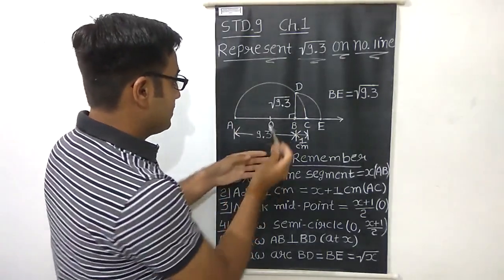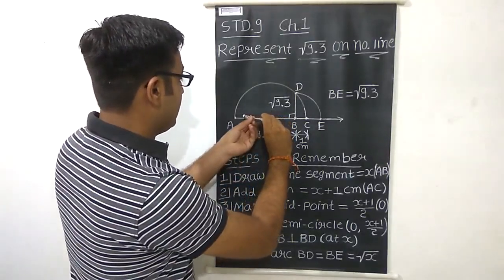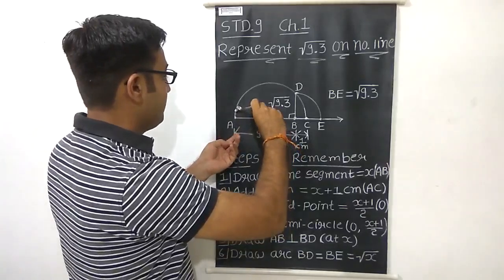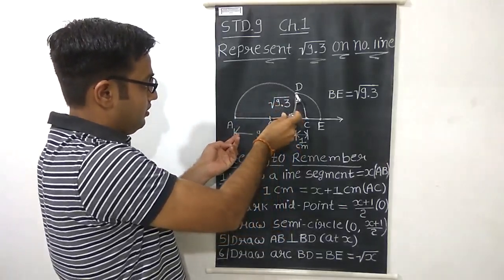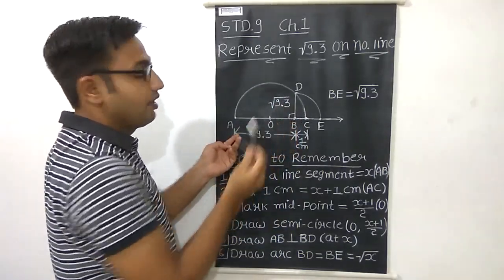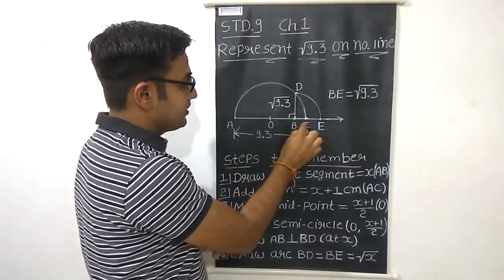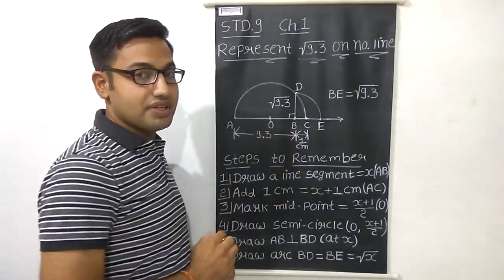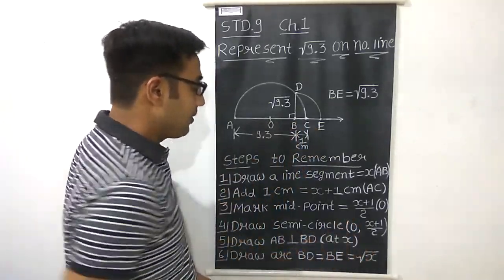Suppose this is O, our center, so we extend up to point A and draw a semicircle up to here. This A and this C are both the end points of the semicircle. This is our fourth step.